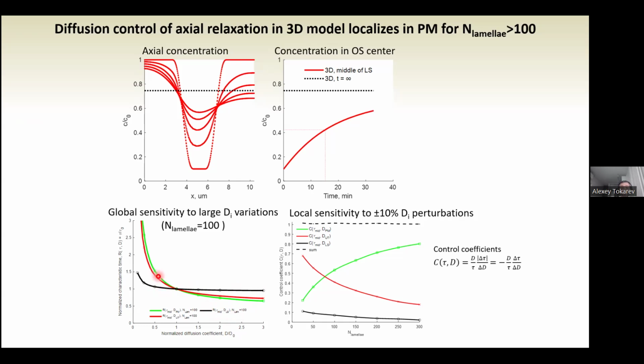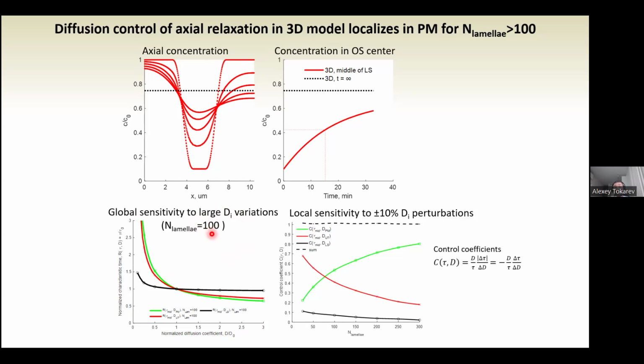But the most drastic change is when we change the diffusion coefficient in the plasma membrane, the green curve. This tells us that diffusion in the plasma membrane mainly limits equilibration in this situation. This is an example for 100 lamellae.